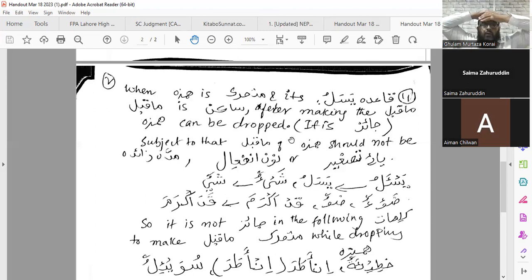Okay. So brother and sister, this is the fourth qaida, qaidatu yas'alu. Now, how to understand this qaida?